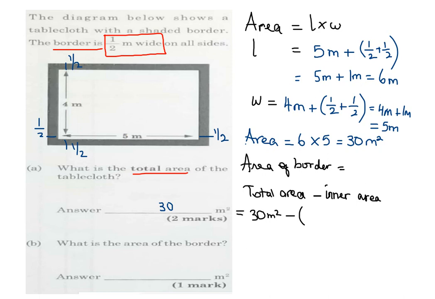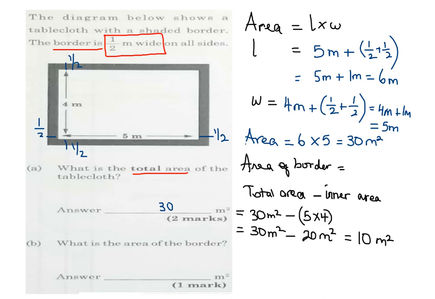So we'll write 5 by 4. Alright, so 30 meters squared minus 20 meters squared is going to give us the area of our border. Find the difference between them and we will get 10 meters squared.